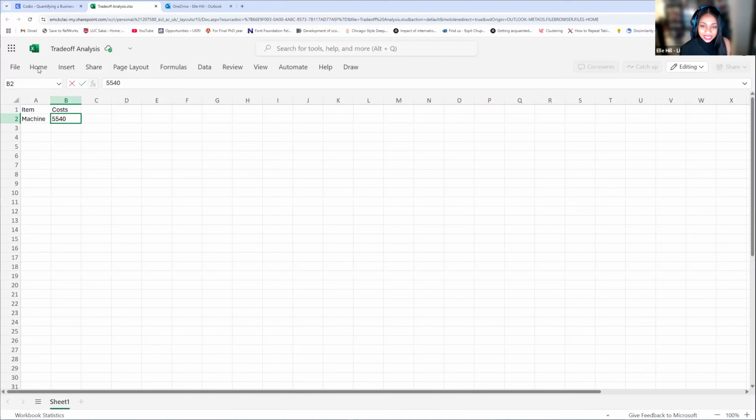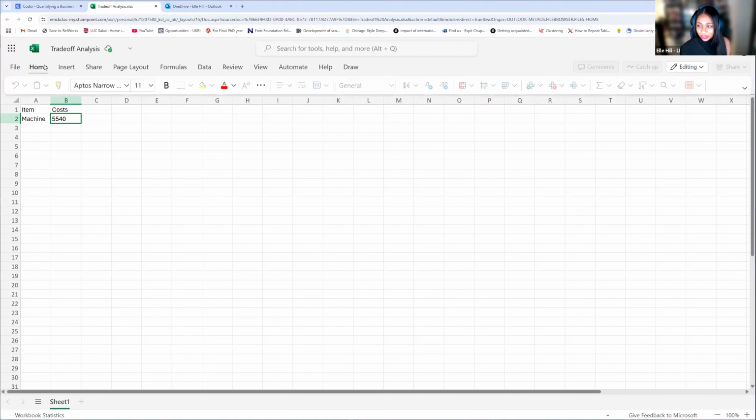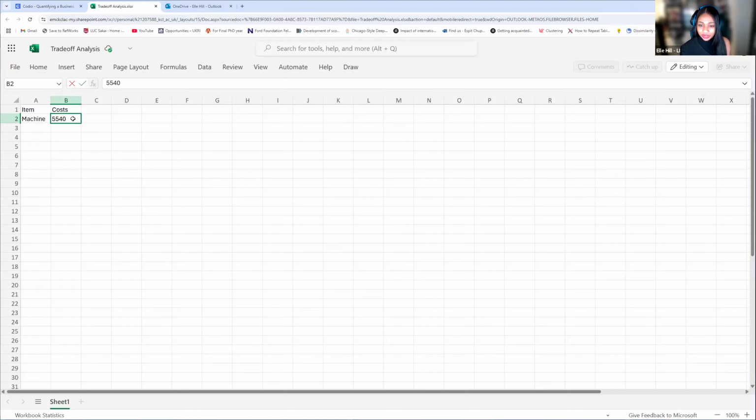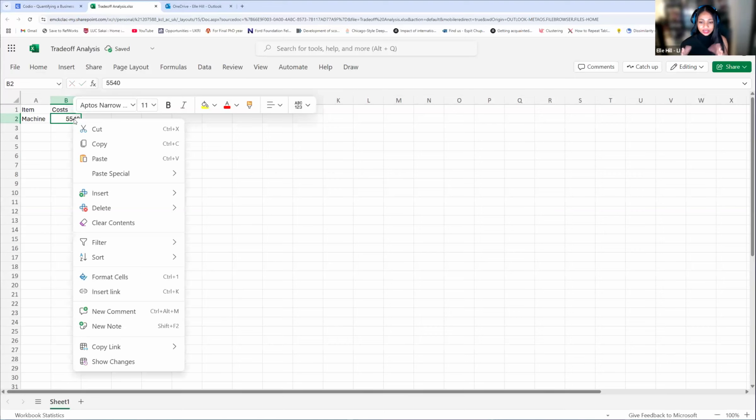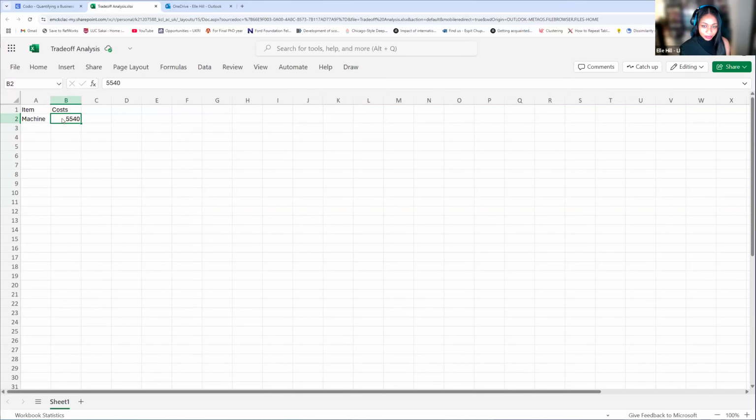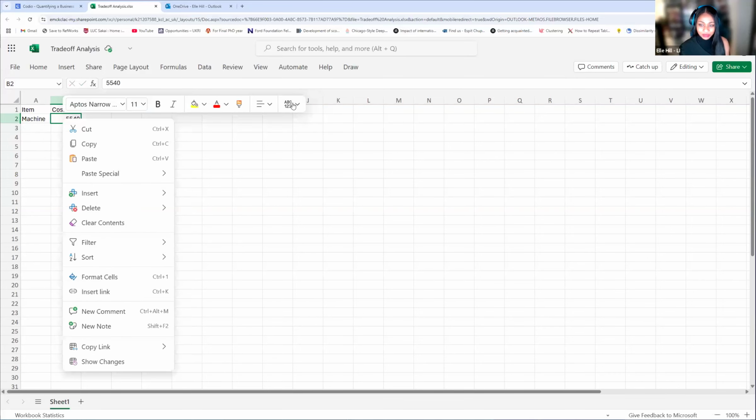And what's nice in Excel is if I click on home or hover over home, I can change the formatting, the way I'm displaying this number. What I did here was right click on the number and hover over number format.